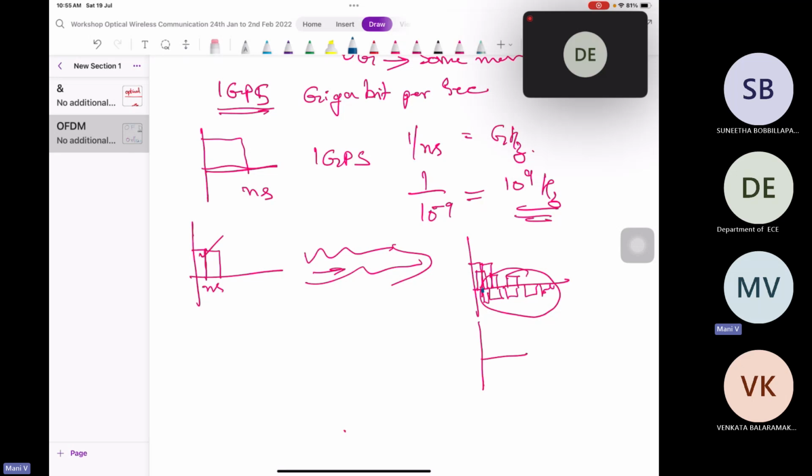So I will draw this one with another. So this is the second sample information. Now what is happening? The first sample information is now overridden with the second sample information. When I am trying to detect the second sample information, it is now corrupted with the first sample information.